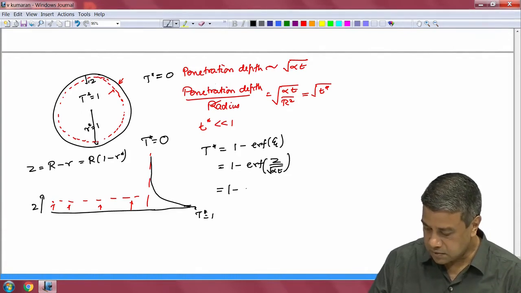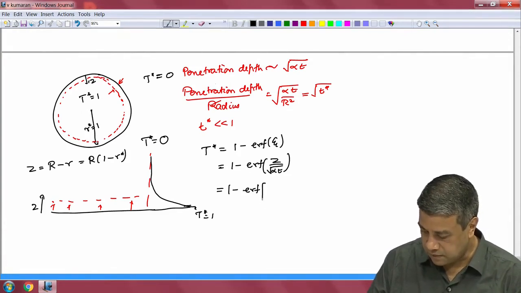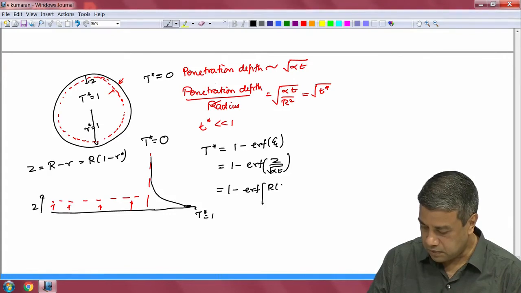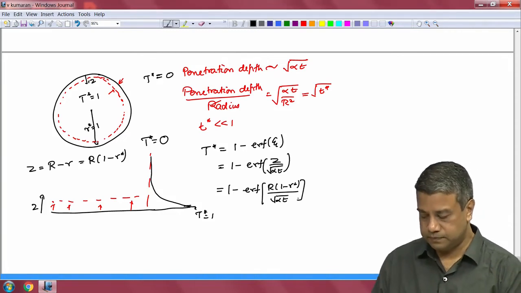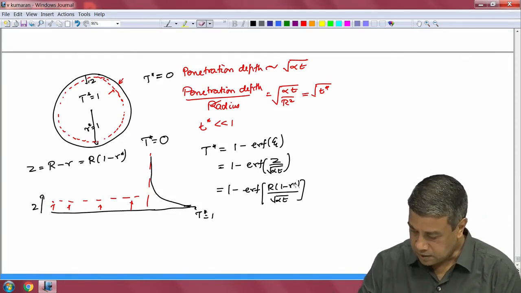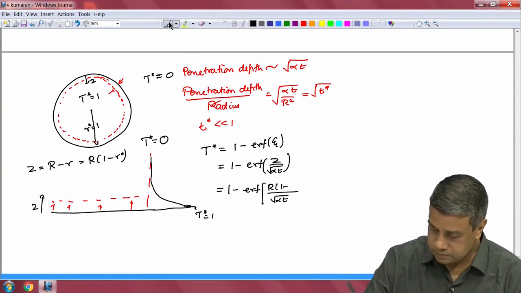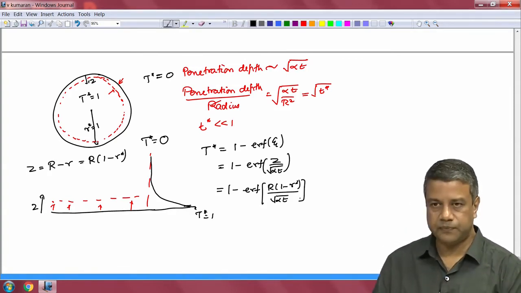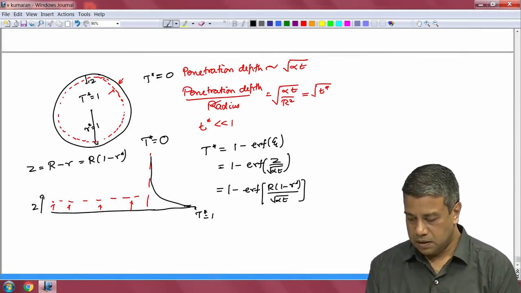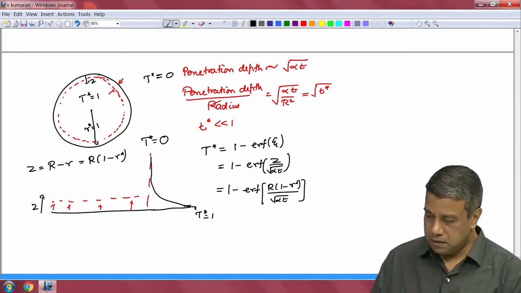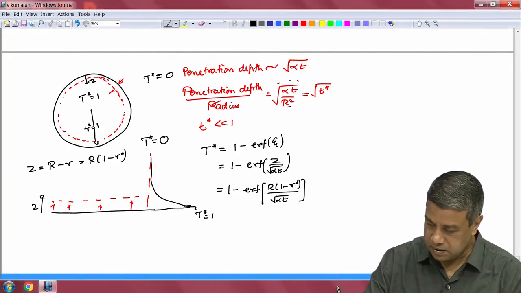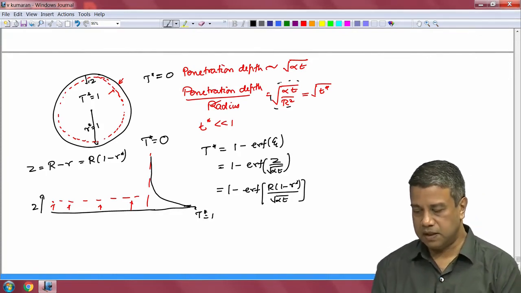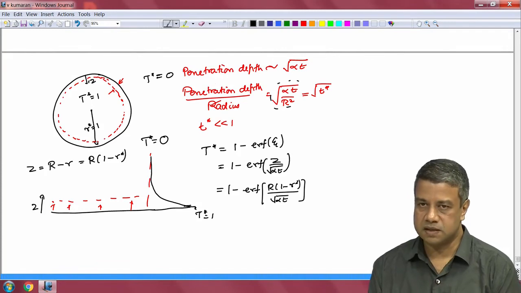So, I can write this as 1 minus error function of r into 1 minus r star by root of alpha t. Let me write this as star. And we know that, substitute this expression. The denominator alpha t divided by r square is just t star.